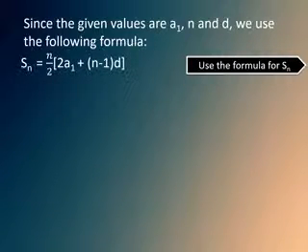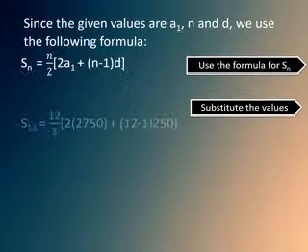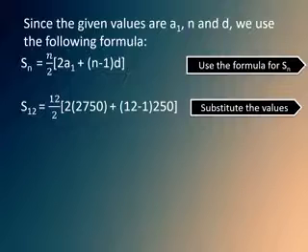S sub n is equal to n over 2 times the quantity 2 a sub 1 plus the quantity n minus 1 times d. Next step, substitute the values. S sub 12 is equal to 12 over 2 times the quantity 2 times 2,750 plus 12 minus 1 times 250.